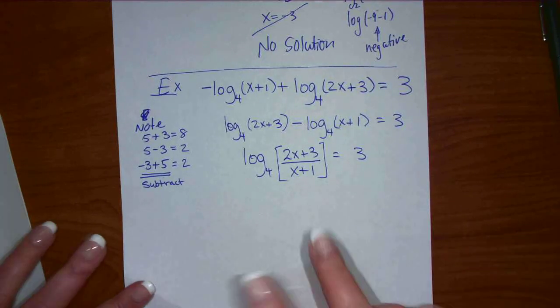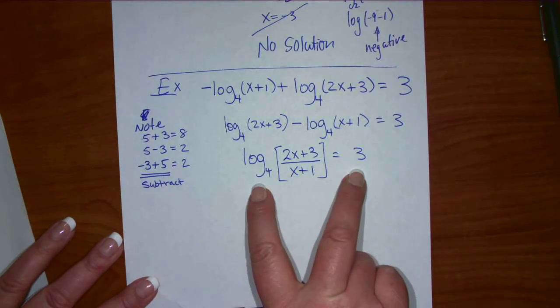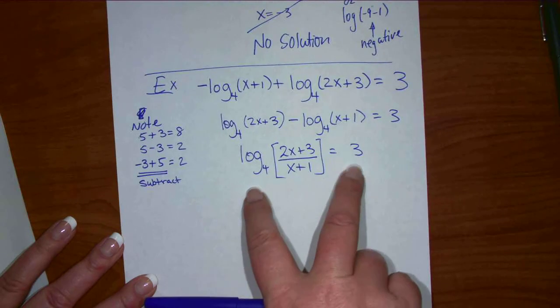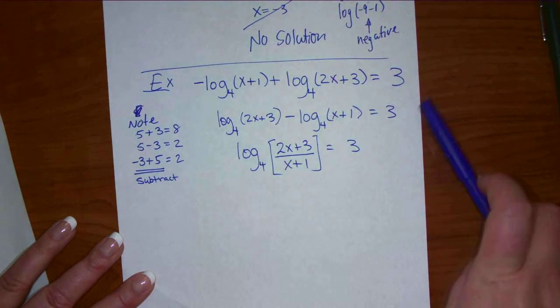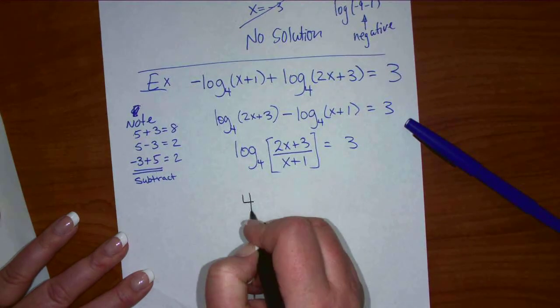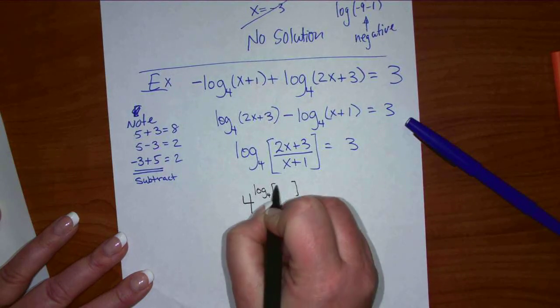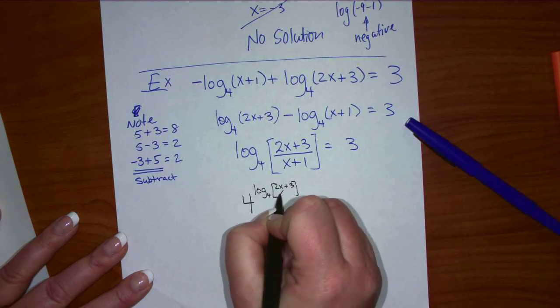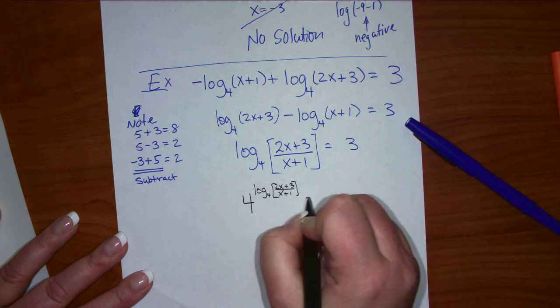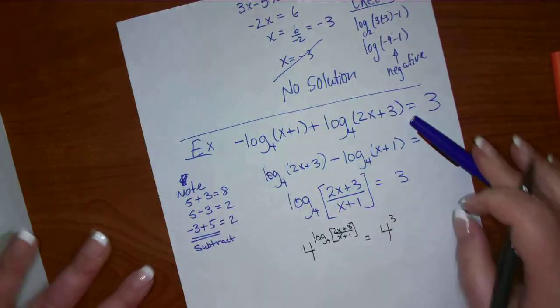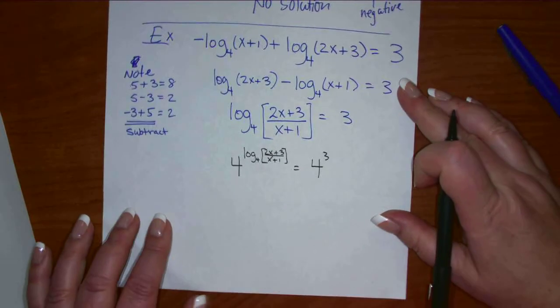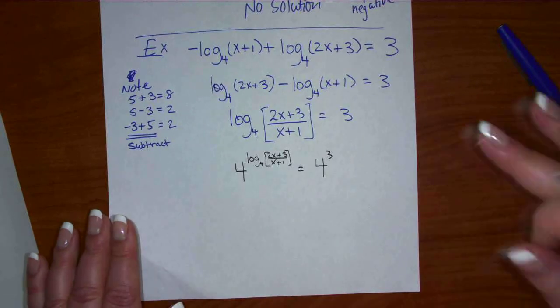Yeah, it doesn't have a log, so you can't compare the exponents. What do you raise both to? A 4. So this is kind of strange to write because that's big, but that whole thing is the exponent, so I wrote it kind of small.